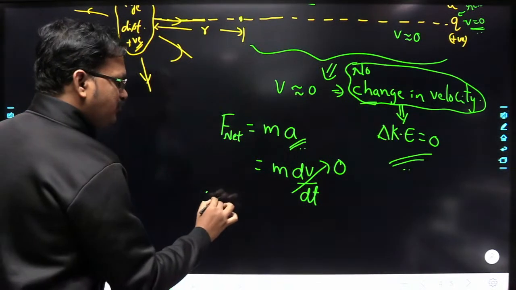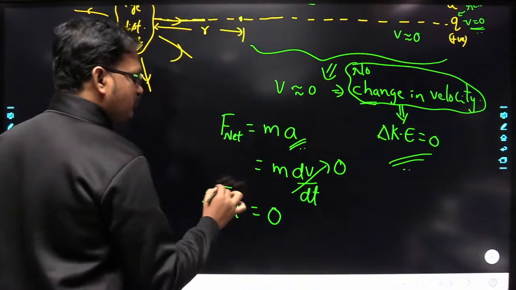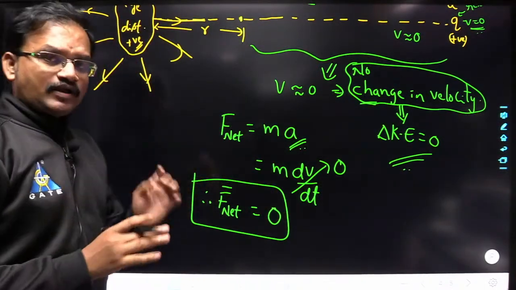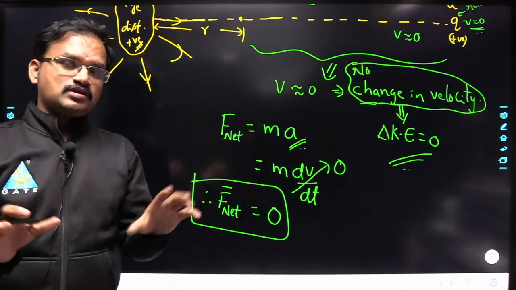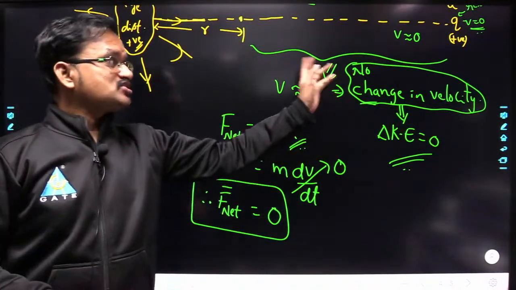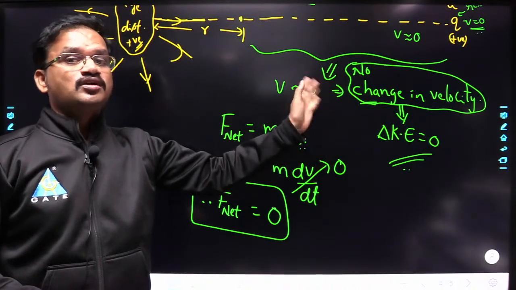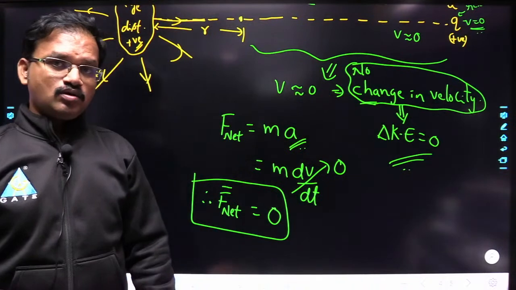That means the net force on the charge must be equal to 0. Whatever forces are acting on that charge, the total net force must be equal to 0. Why? Because the charge is not accelerating. That means the velocity of the charge is not changing. That is the assumption we are making, yes or no?